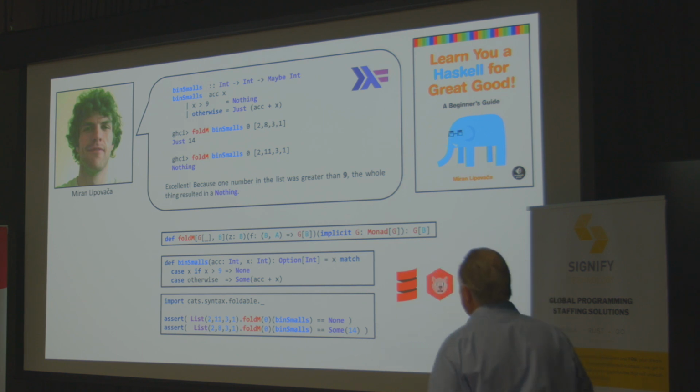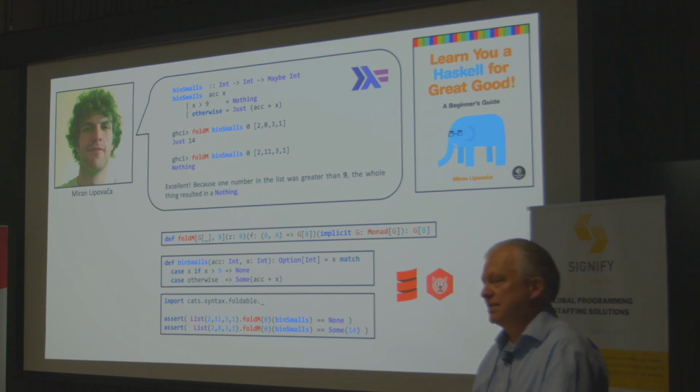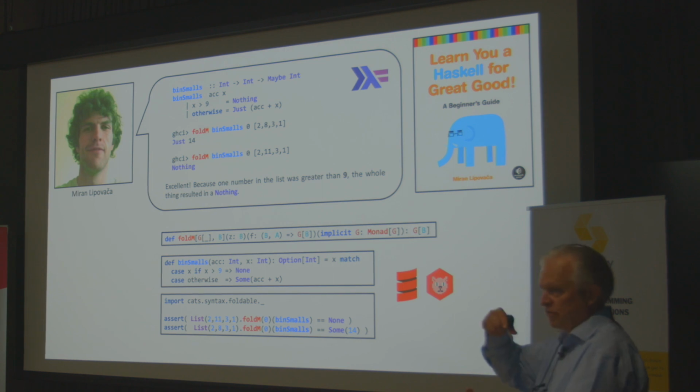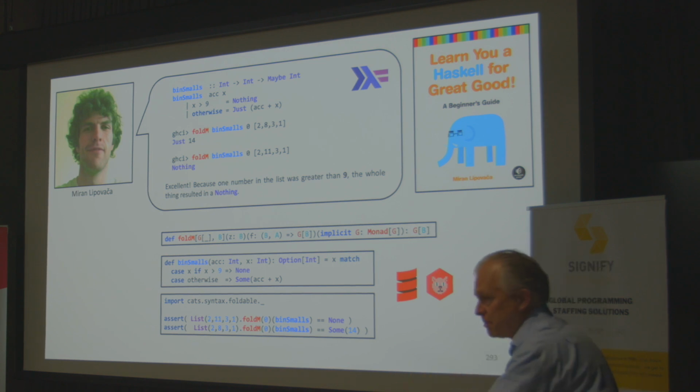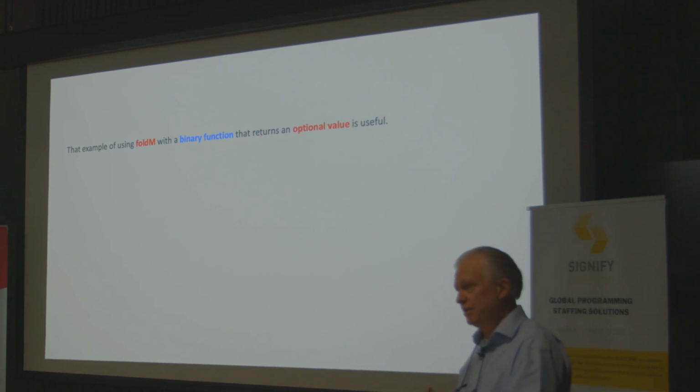In the second assertion, all the integers are small, so binSmalls always returns a Some of an Int, and so foldM is now behaving like the plain fold. It adds all the numbers up, and you get the result 14, the same as before, but in a monadic context, in Some(14). Now that's easy to understand, but when the monadic context is a list, it gets trickier.